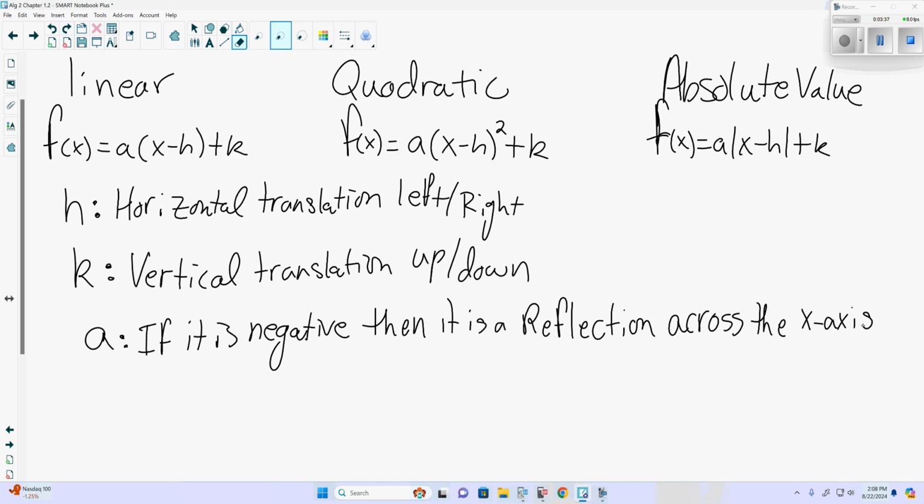If a is negative, then it's a reflection across the x-axis. And those are the three we had yesterday. Yes, and we felt comfortable with this and how they work and how we applied them to the function.